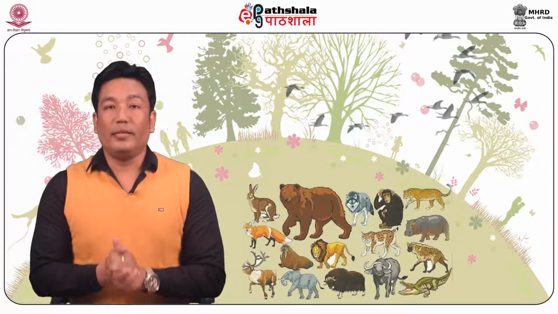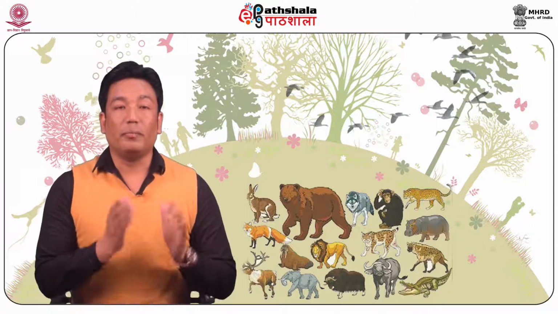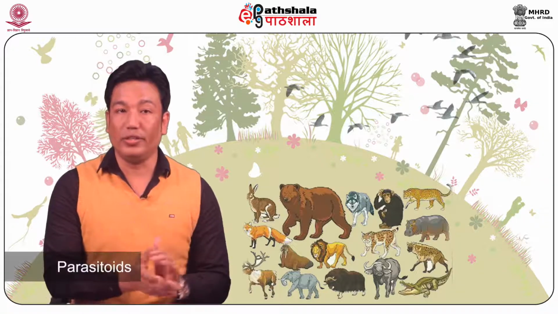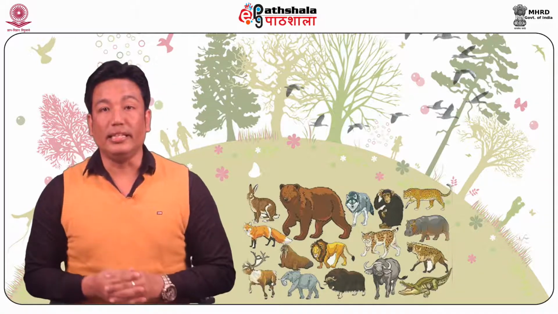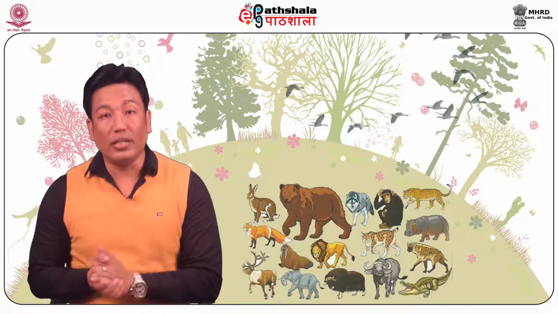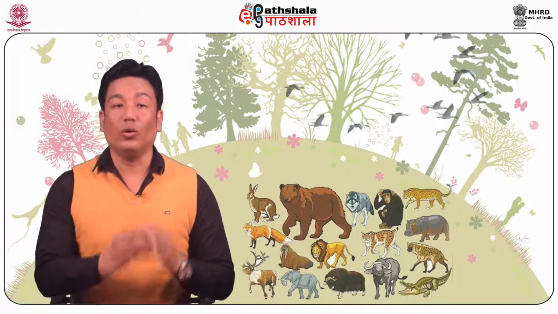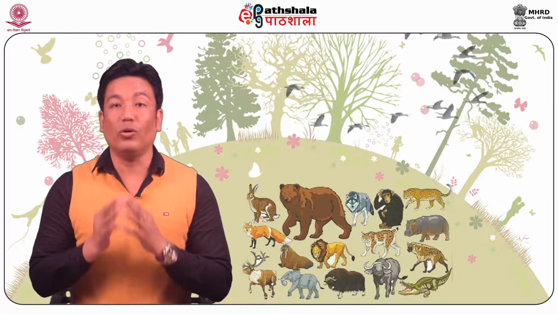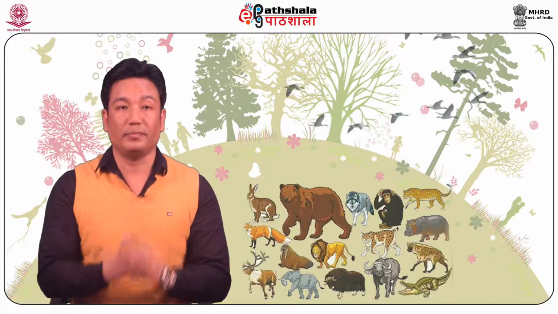Another specific type of predation is parasitoidism, where an organism called a parasitoid, generally an insect, preys on other insects called host insects by laying eggs near or on the host insects.